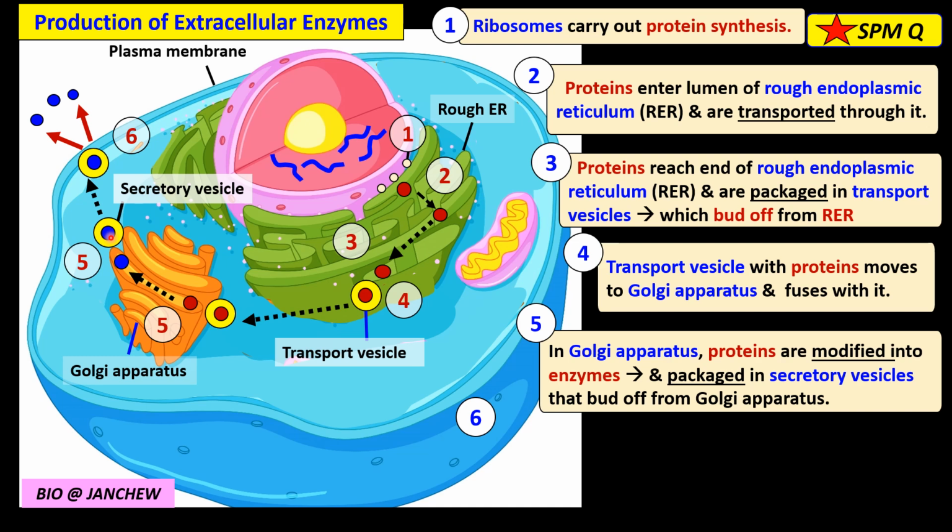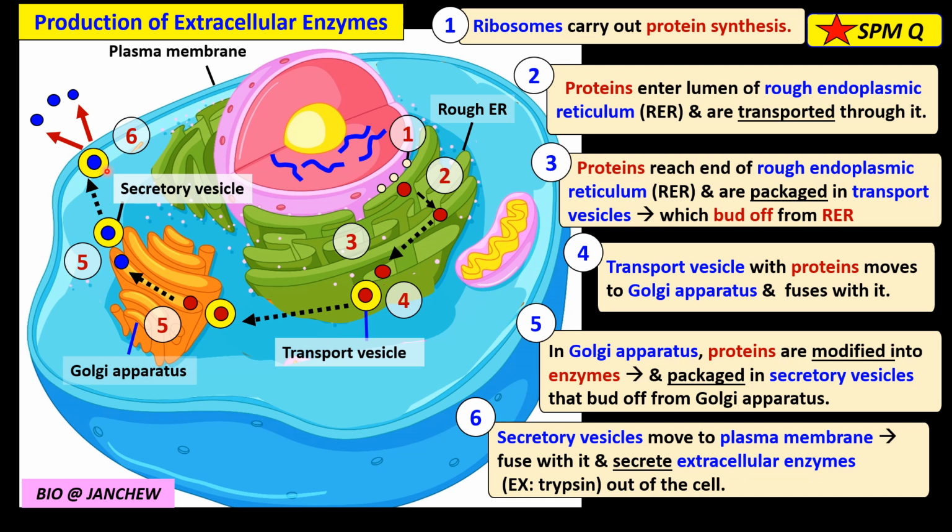The Golgi apparatus will package these extracellular enzymes into secretory vesicles, and then secretory vesicles will transport these enzymes to the plasma membrane.